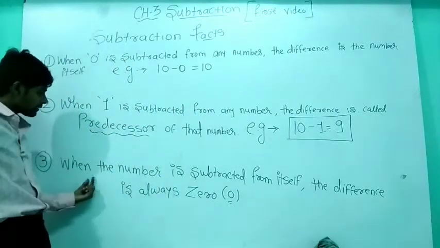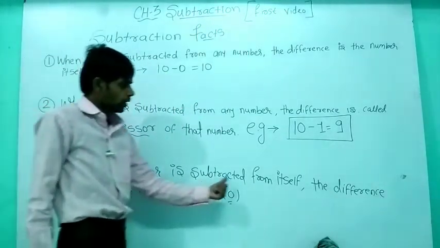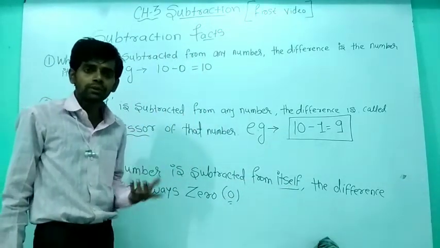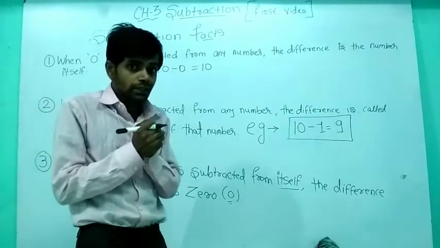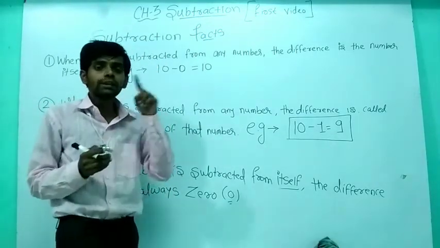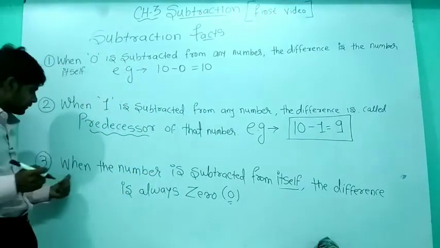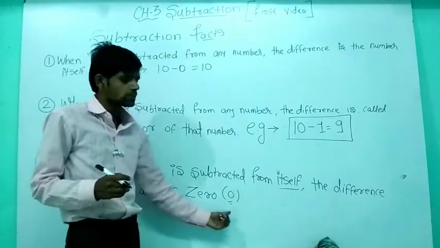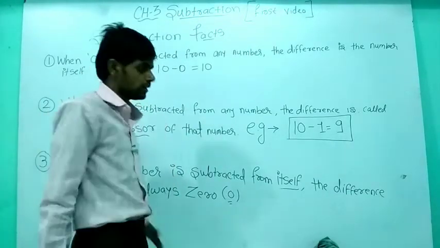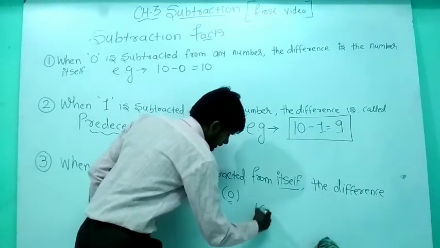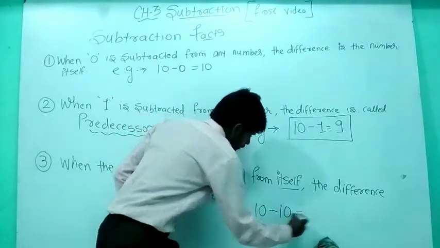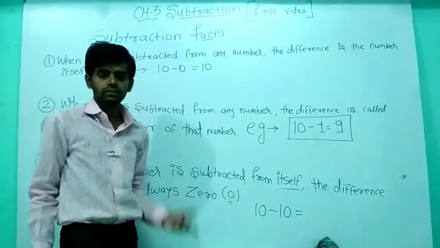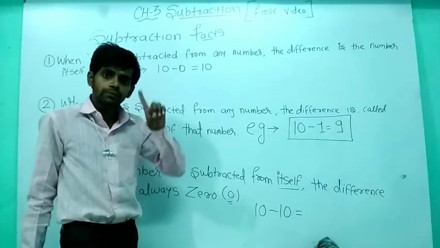When we subtract 5 from 5, we get the difference, but it is 0. It will be 0 forever. Let's take an example. Take 10 minus 10. If you are subtracting 10 from 10, you are removing the 10 fingers from the 10 fingers. So how many fingers are left over?